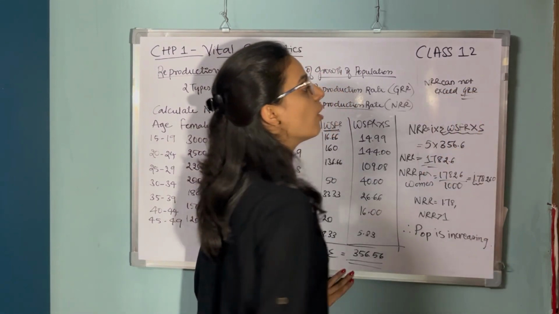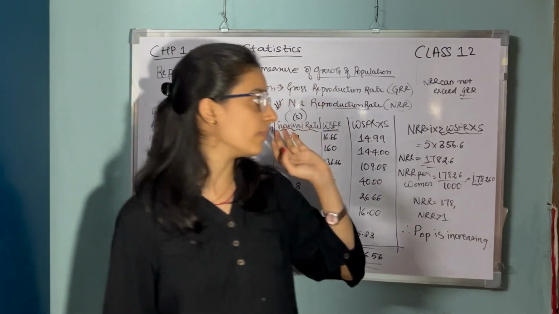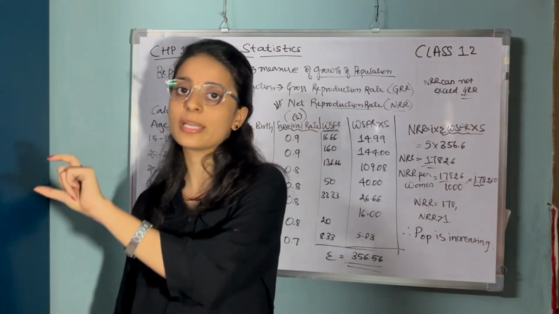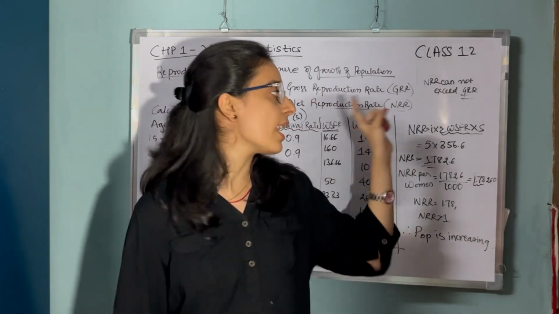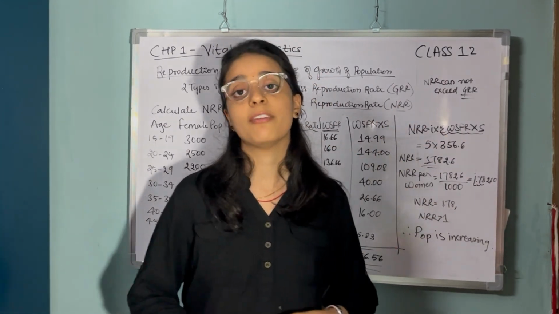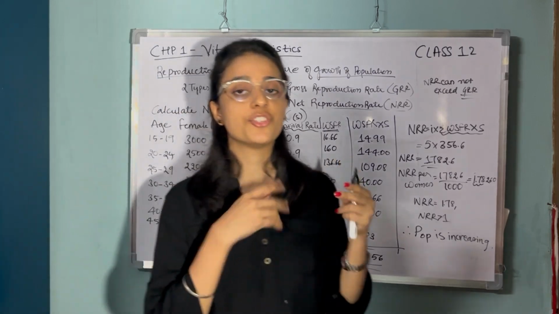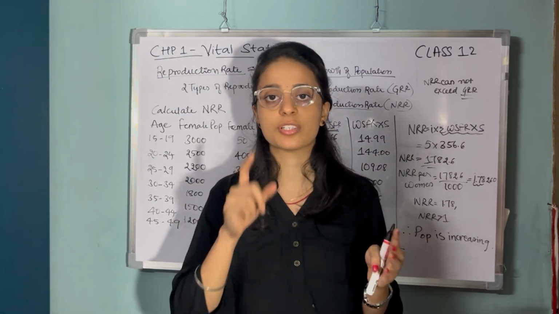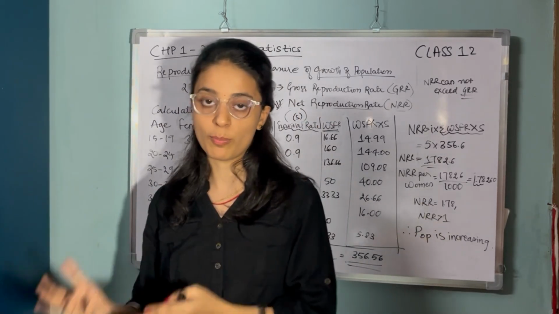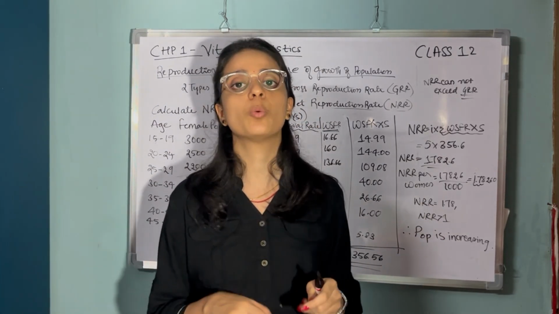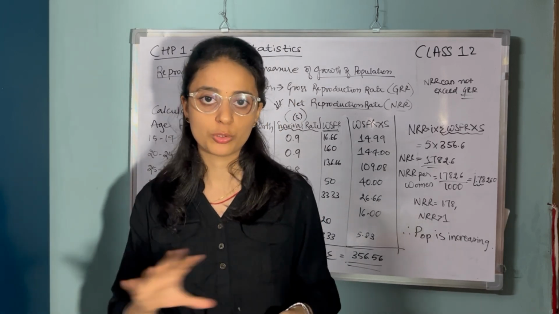GRR will always be greater than NRR, right? Because it's the gross reproduction rate and NRR is the net reproduction rate. So NRR cannot exceed GRR, and for the conclusion, for GRR or NRR, if it is more than 1, population is increasing, less than 1 is population decreasing, and if it is equal to 1, the population is constant throughout the period.